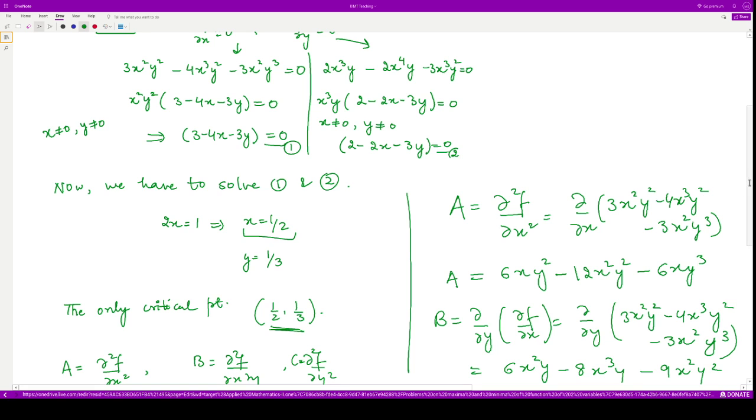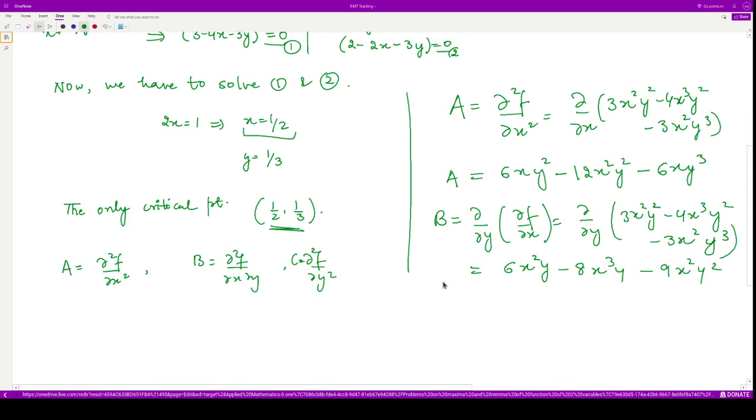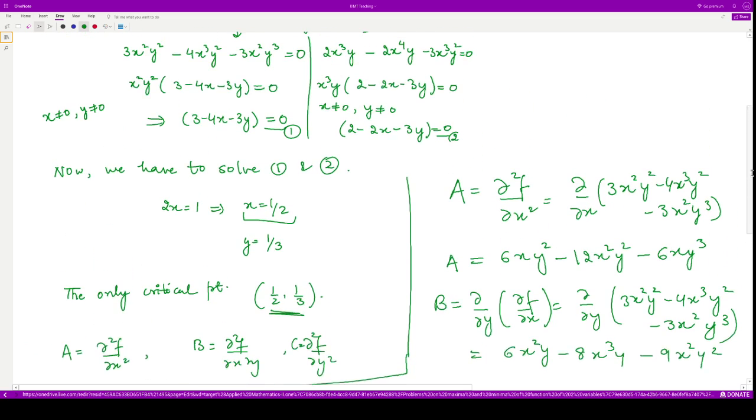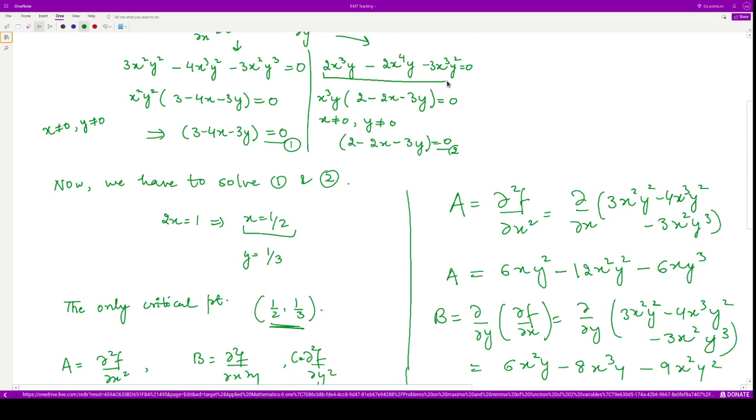So this is b. And finally for c, we will calculate del by del y of the first derivative of f with respect to y. We have just calculated this: it is this quantity, which is 2x cube y.